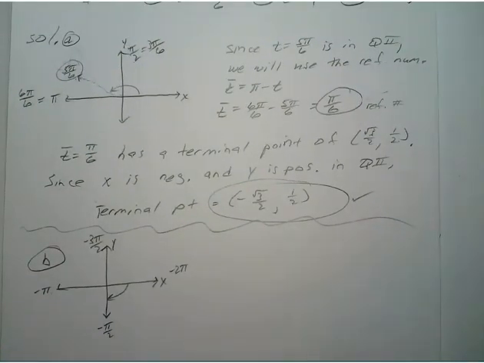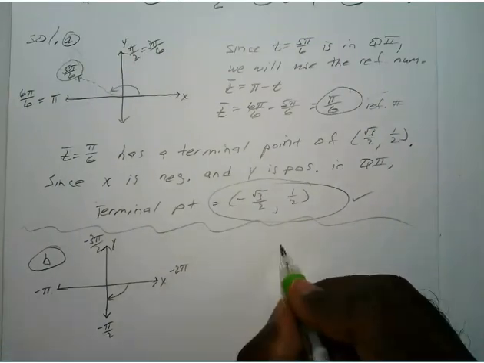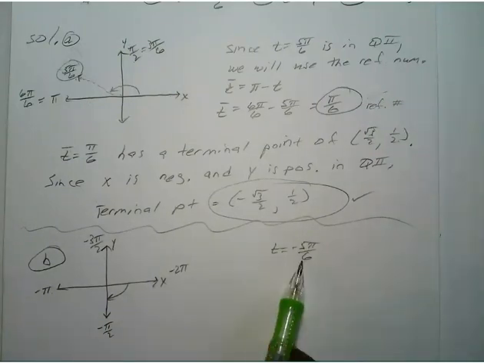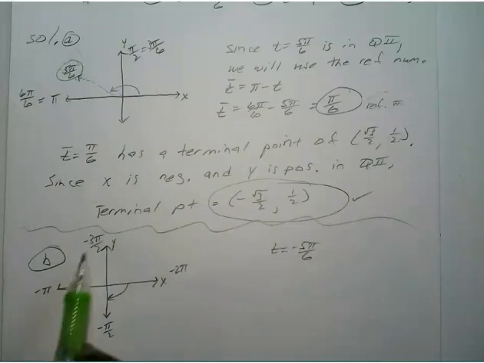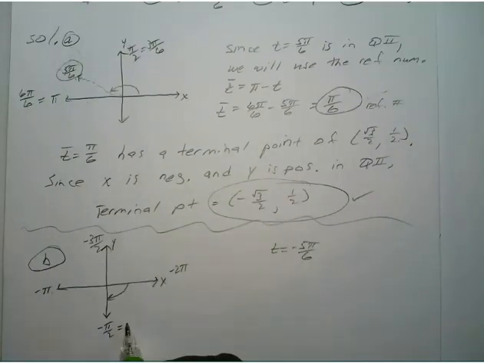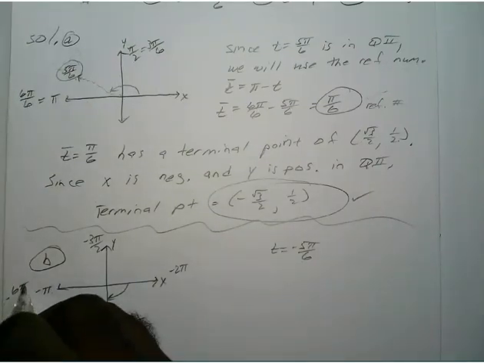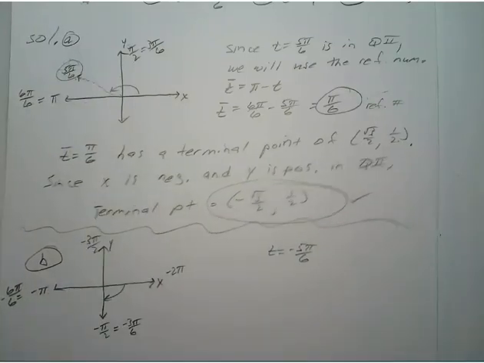All right. So now we see that t equals negative 5π over 6, you have a denominator of 6. So that means, of course, we're going to change those denominators to 6. Okay, so here if we multiply this by 3 over 3, that gives us negative 3π over 6. And this gets us negative 6π over 6.